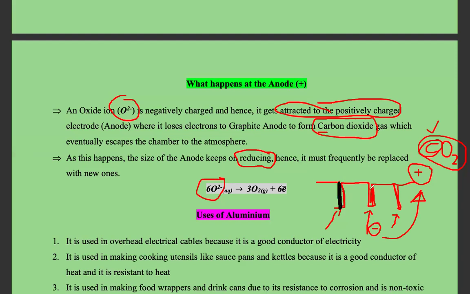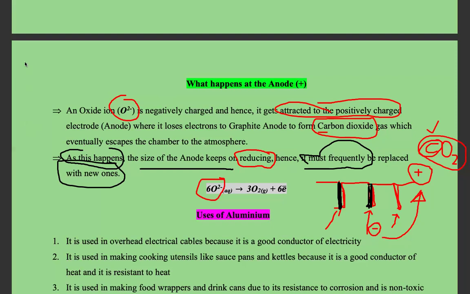As a result, we will have to replace the anode with a new one. As this happens, the size of the anode keeps on reducing, hence we need to frequently be replacing it with new ones.